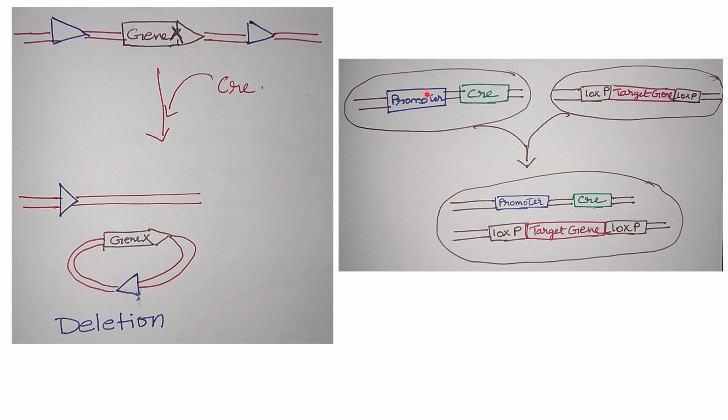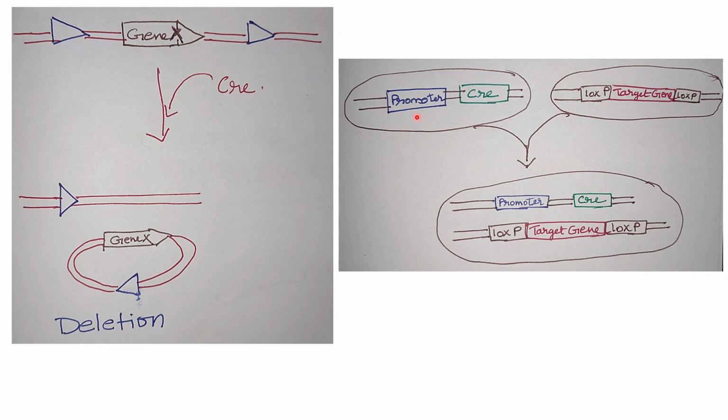So this is the promoter of the gene. This is the Cre coding sequence which will code for the Cre recombinase protein. Then another mouse will be there which has the target gene which has to be deleted, flanked by the LOXP sites. Now they will breed these two mice, and this is the offspring of these transgenic mice.